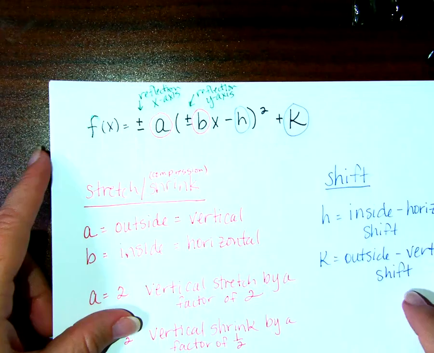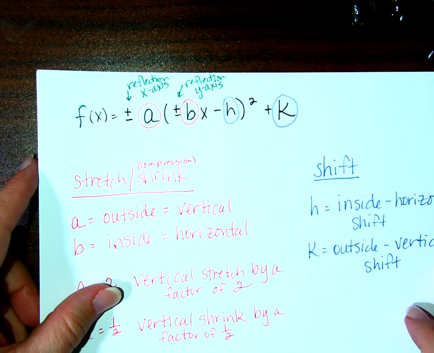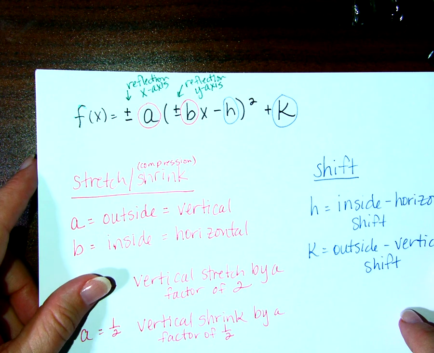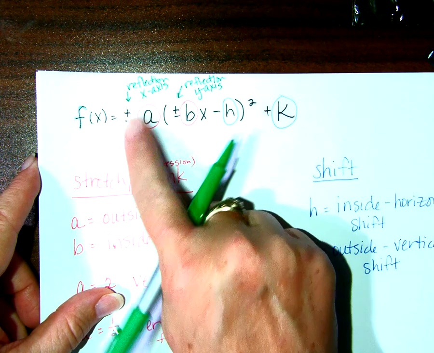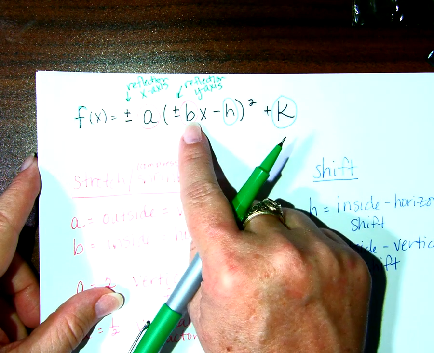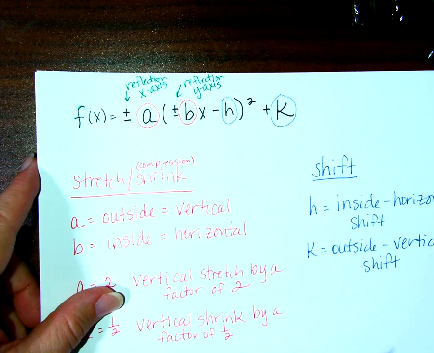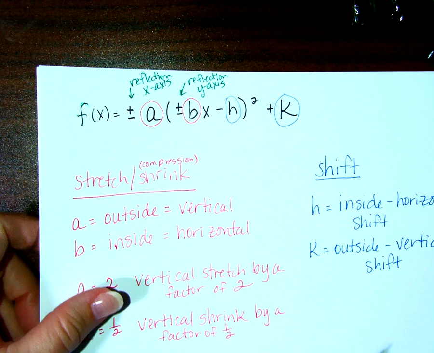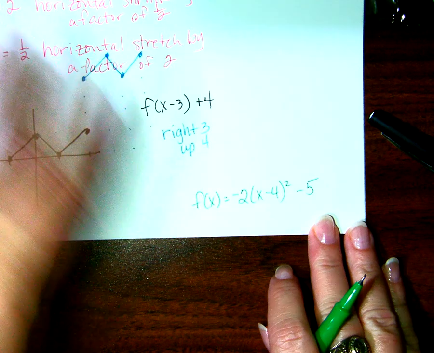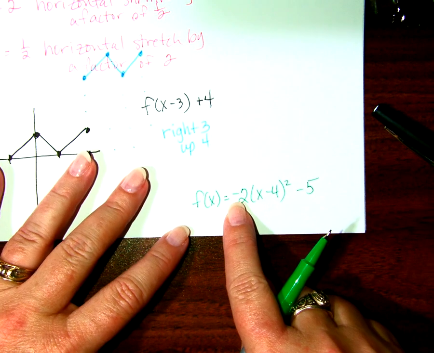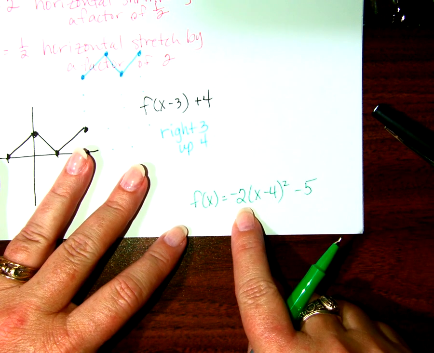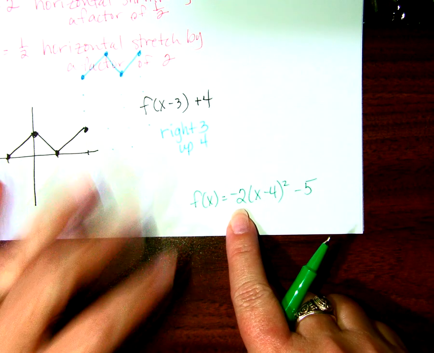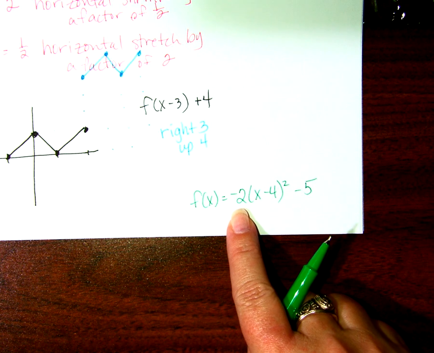Oh, you can't see that, sorry. So if A is negative, that's a reflection over the x-axis. If B is negative, that's a reflection over the y-axis. Okay? Got it? So looking back at our sample down here, we've got a reflection over the x-axis. We've got what?